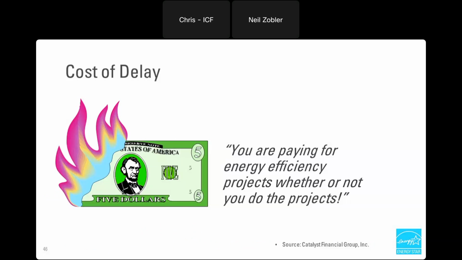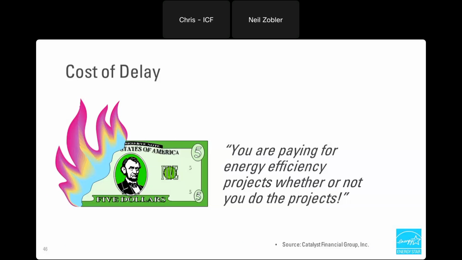So what is the cost of delay? Well, the reality is that you're paying for energy efficiency projects whether or not you do the project. What do we mean by that? Well, you can choose not to do the project. You're going to continue to pay more to the electric and gas utilities, water utilities, than you might necessarily have to, which means that if the savings are there, you're not capturing these savings.